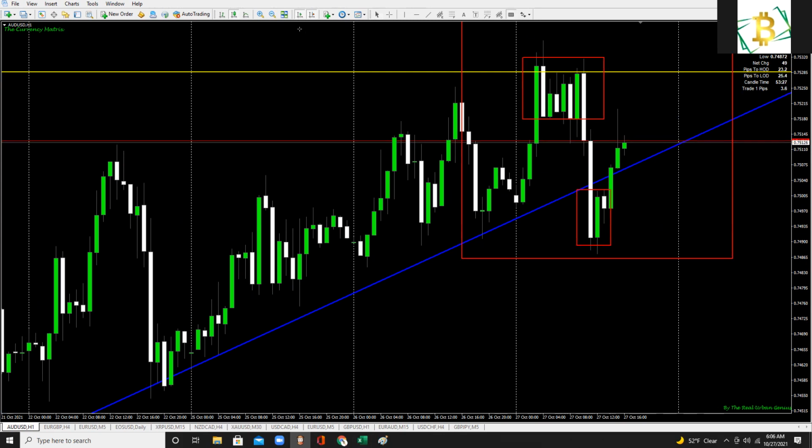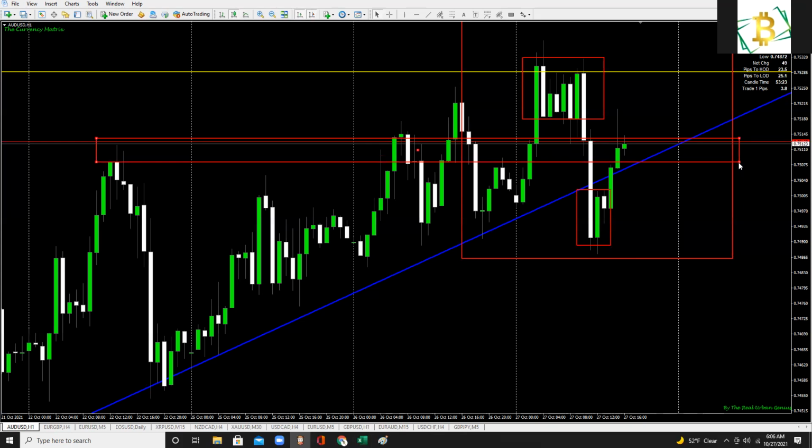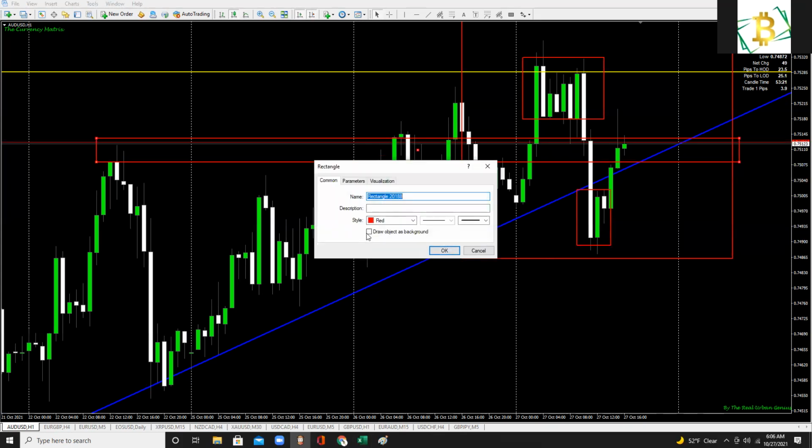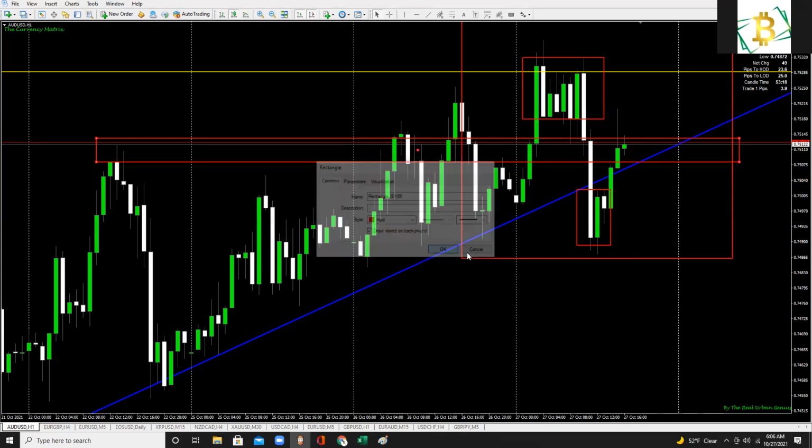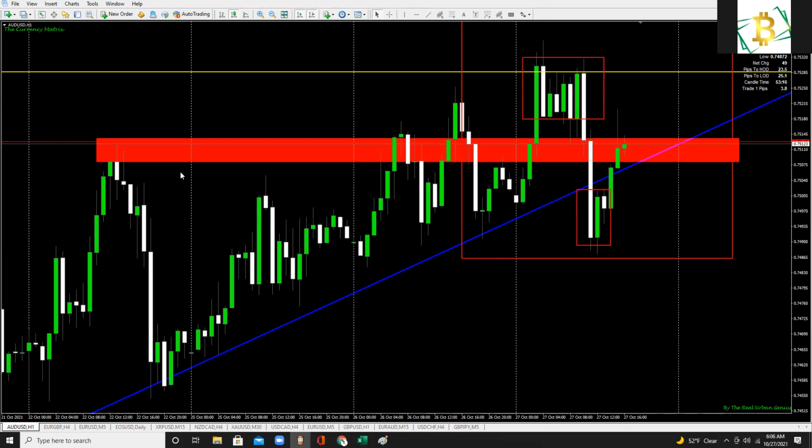But if you look over here to the left, there's structure sitting there. So although price did trend up, it's in a resistance zone. Resistance, support, once it was broken, became resistance again. So now ultimately, we can expect this move from this area.